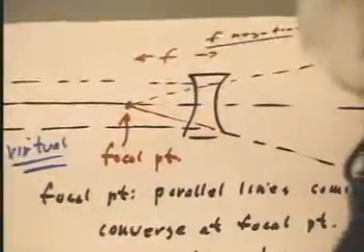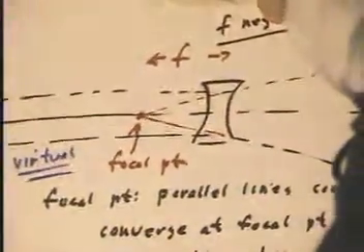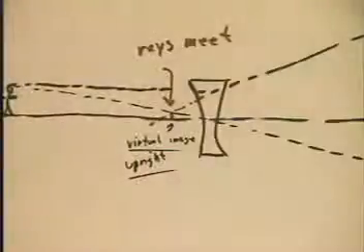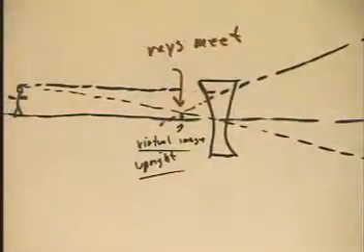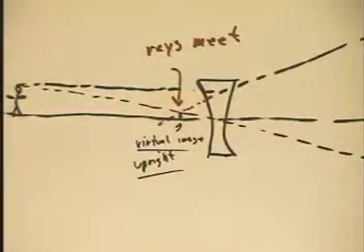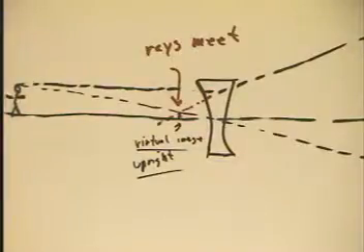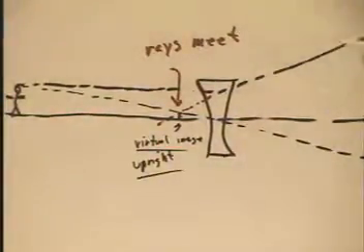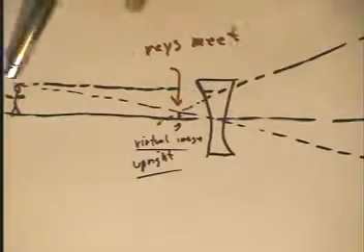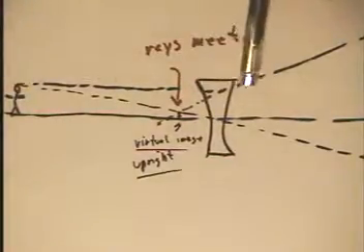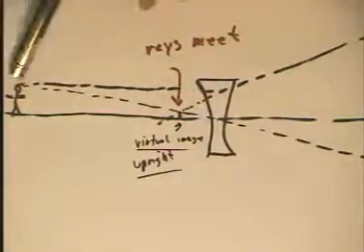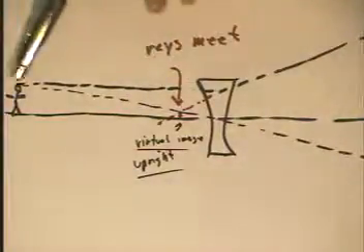So, let's think about what happens when we've got an object. Here we have our object. It's at some object distance. The rays from the top of the head come in parallel and get diverged. The central ray goes right through the center without being changed.